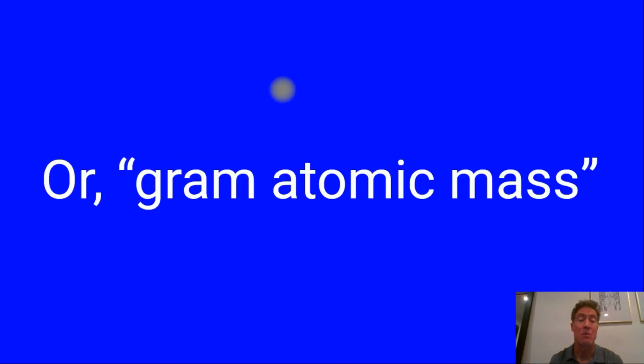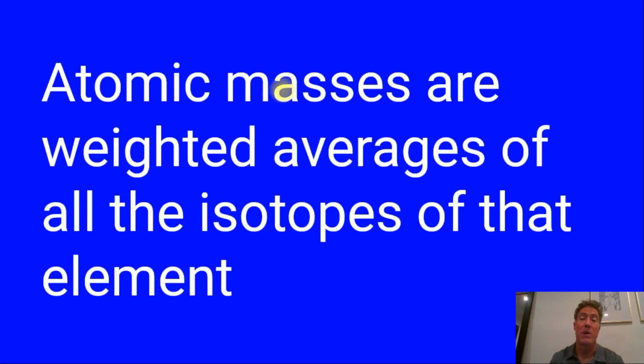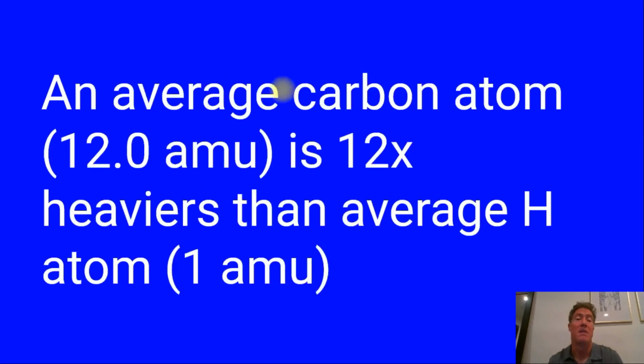So when we're talking about atoms, we talk about gram atomic mass. The atomic mass of the element in grams. Remember, we talked about atomic mass units to express the weight of a single atom. Atomic masses are the weighted average of all the isotopes of that element. So, as this is all repeat, an average carbon atom, which is 12 atomic mass units, 6 protons, 6 neutrons, is 12 times heavier than the average hydrogen atom, which has an atomic mass unit of 1.